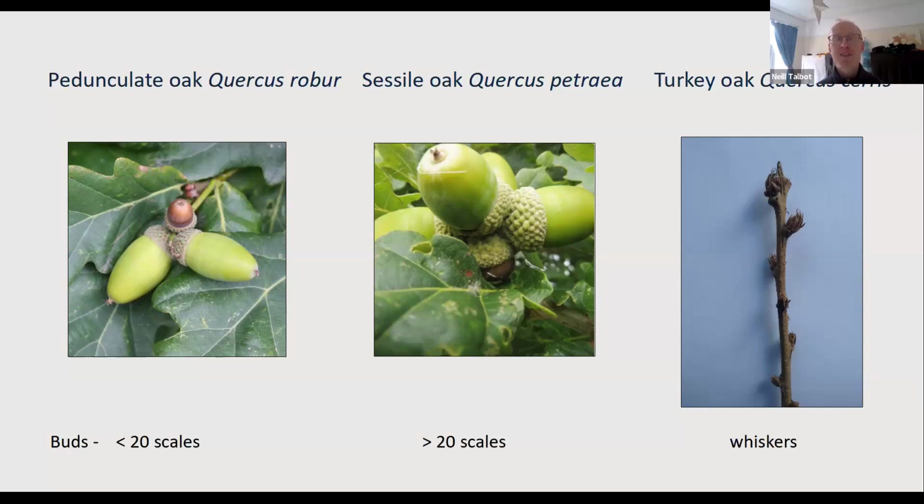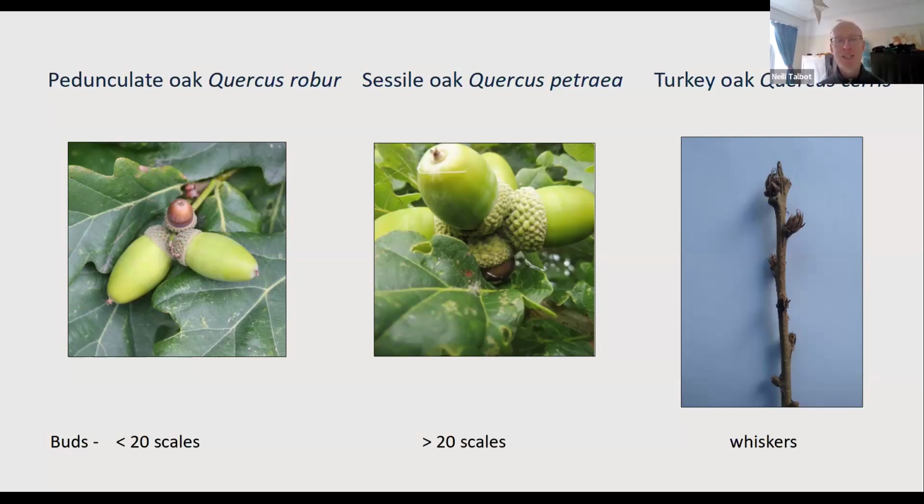So the thing to remember if you're doing summer tree ID is that it is the acorns that are unstalked on sessile, and the leaves have a stalk, and it's the other way round on the pedunculate oak. So the acorns have a stalk, but the leaves don't.